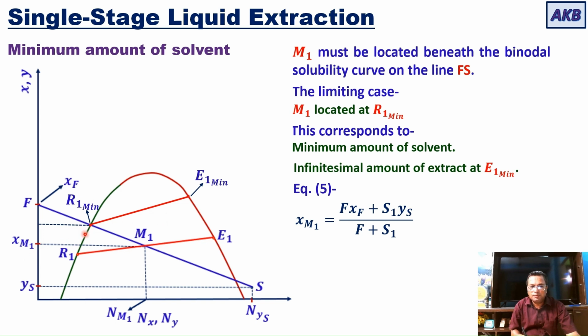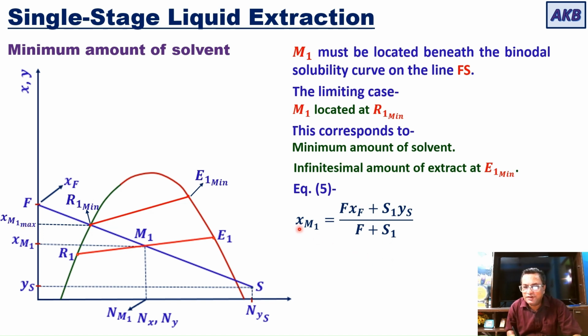Now I will be finding that value of xm1 which corresponds to this point R1 minimum. So the y coordinate will be nothing but xm1, and I am calling it xm1 max, because we are going to use that for finding the minimum amount of solvent.